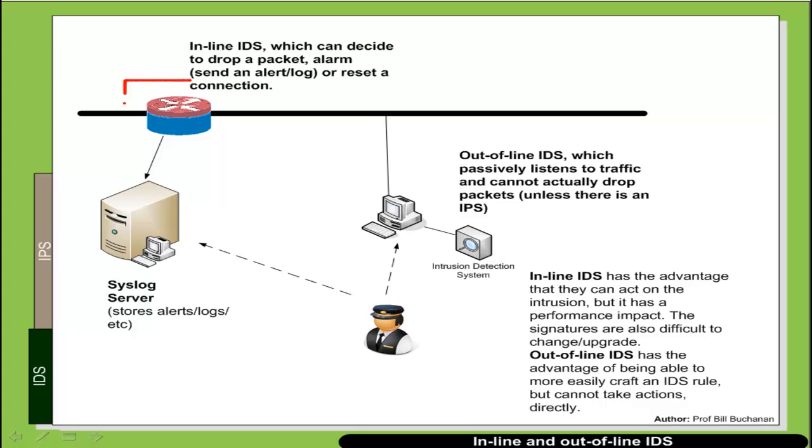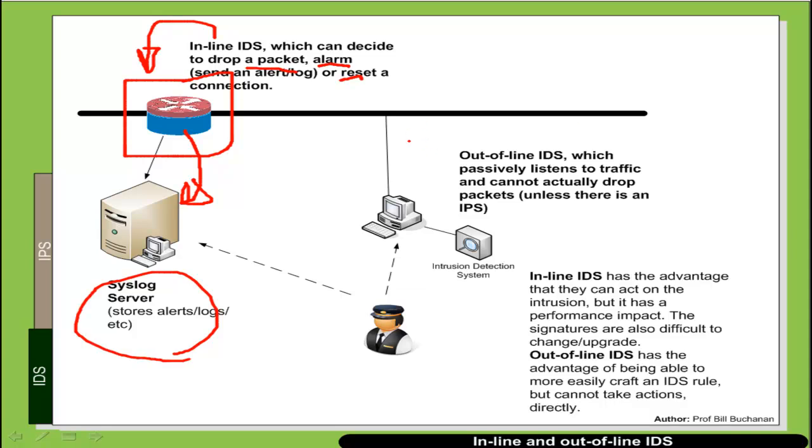In this case, we can have a device, in this case a Cisco firewall, and the IDS can actually run in the device. So it can either drop a packet which it thinks is malicious, cause an alarm, or actually reset the connection. You can also have an associated syslog server where alerts and logs are stored.